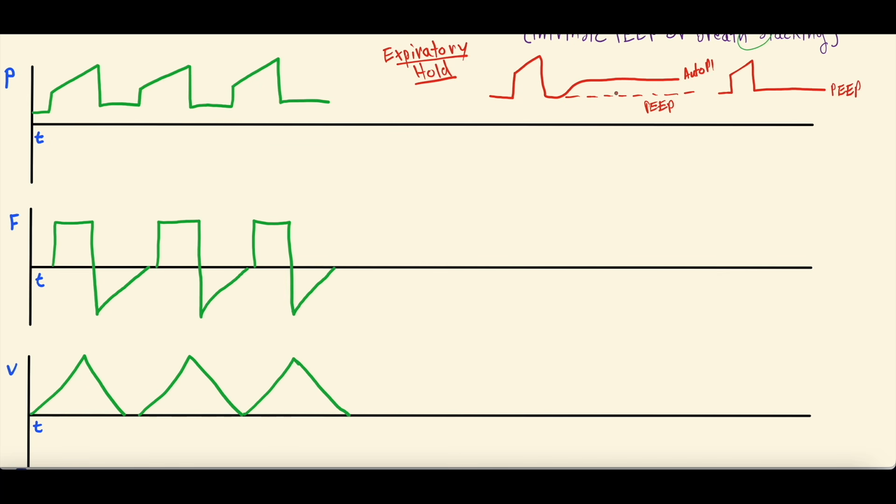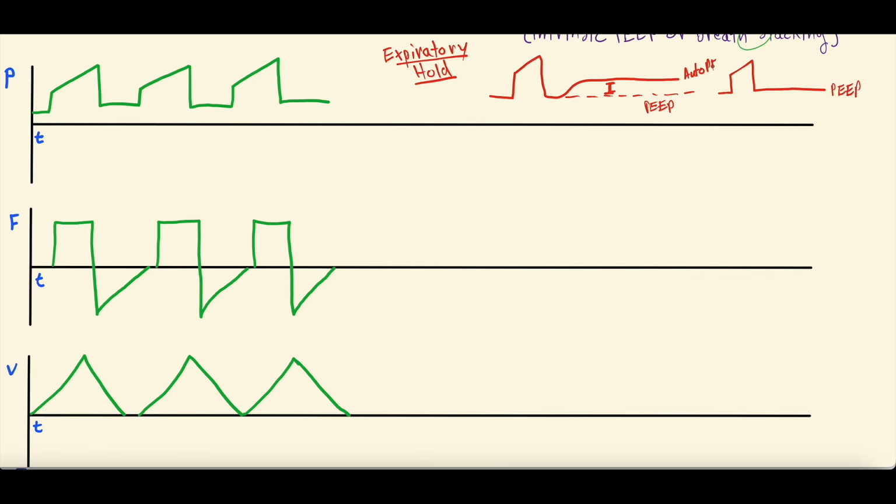It's the difference between the normal PEEP that you set and the amount of pressure in the lungs at the end of expiration, because PEEP is positive end expiratory pressure. So when you do an expiratory hold, it should just be the PEEP you set. It should just be the positive end expiratory pressure.